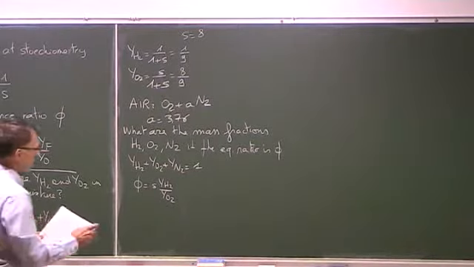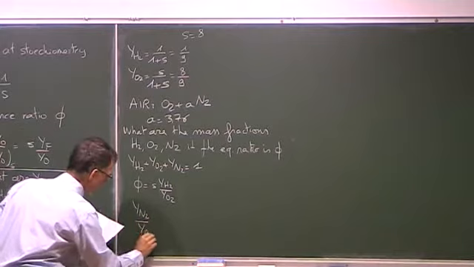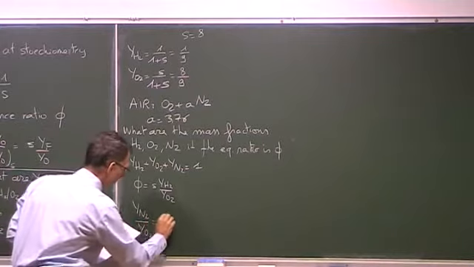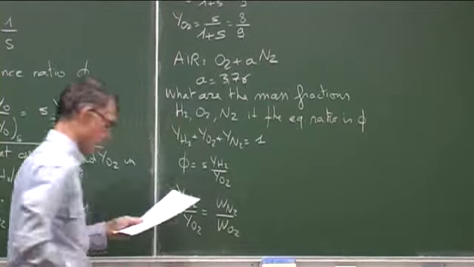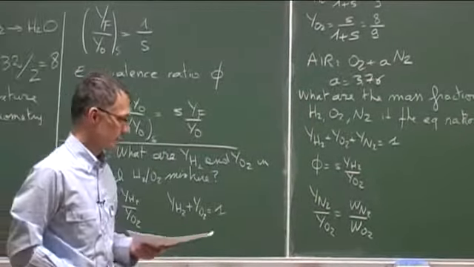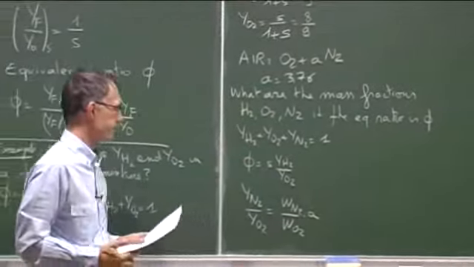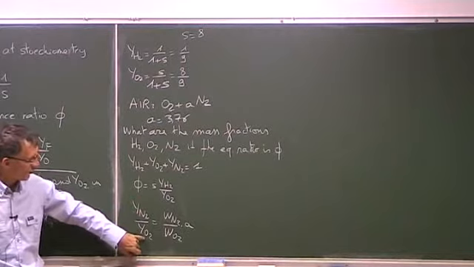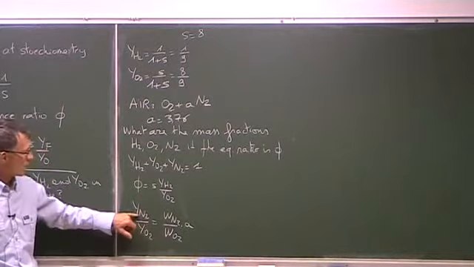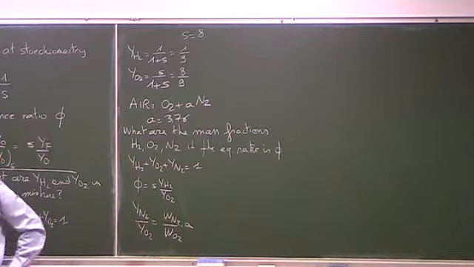What is it? Well, it's Y_N2 divided by Y_O2. It will be linked by the ratio of the molecular weights multiplied by A. Okay, it's a simple rule. One mole of O2 will have this mass, 1 mole of N2 will have this mass, so the ratio of the mass fractions will be exactly this ratio. Now we have 3 equations, 3 unknowns.